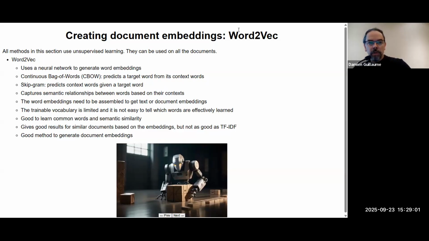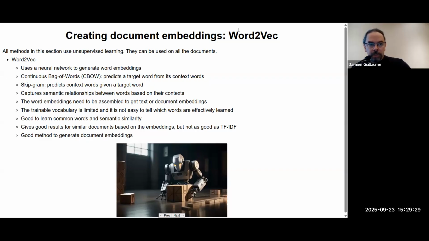There's the continuous bag of words, which predicts a target word from its context words. That means it's training the model to predict the target word from the context. Skip-gram is like the opposite. It predicts the context words from the target word. I kept the continuous bag of words.